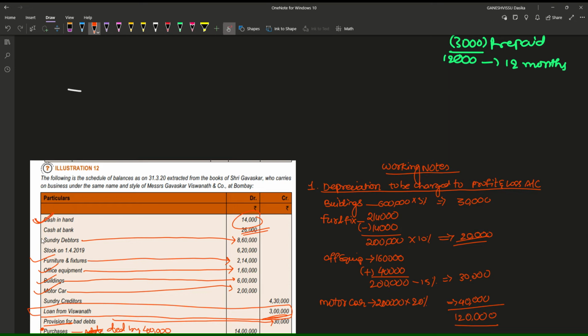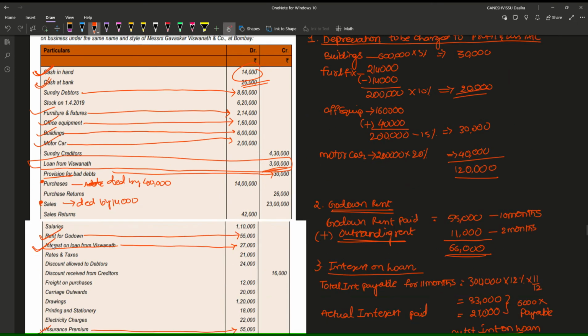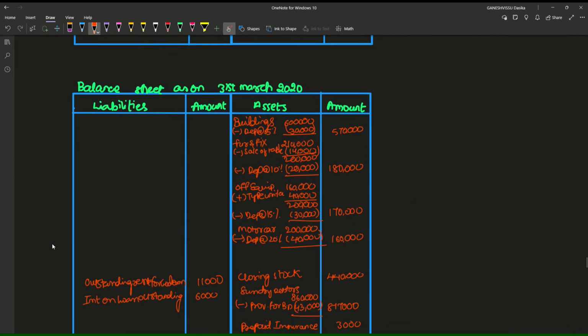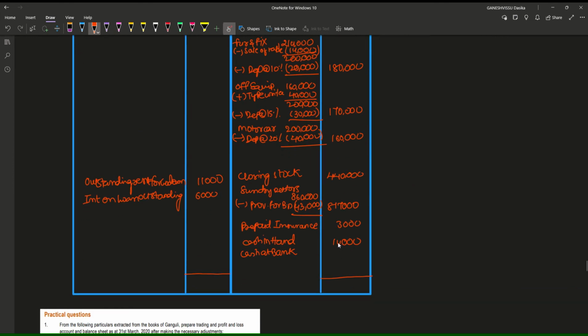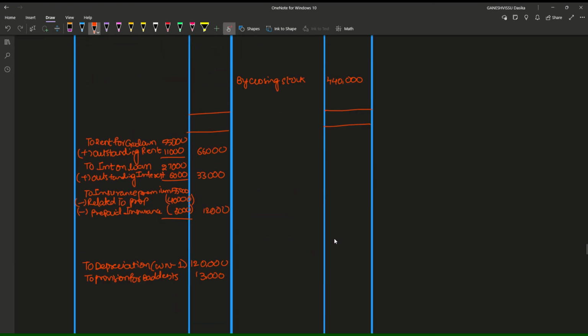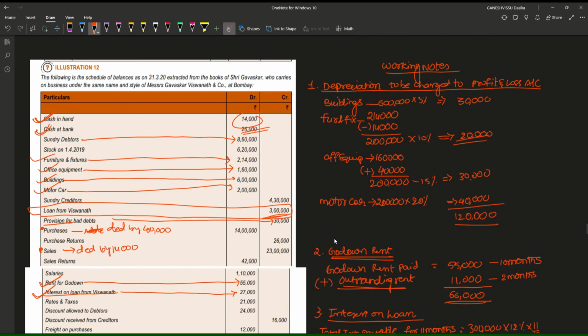We have completed cash in hand, and we can complete that one. Cash at bank 26,000 rupees. We have completed this one.